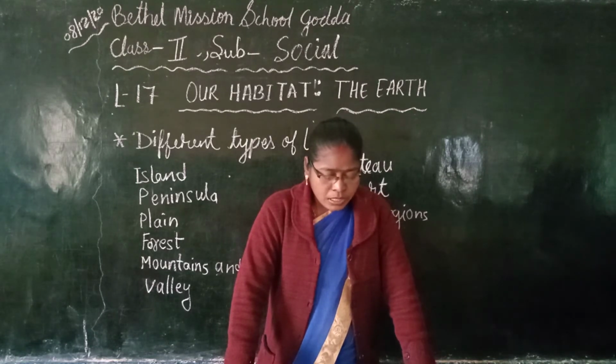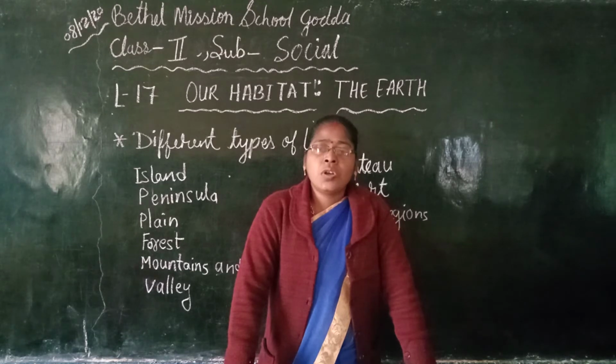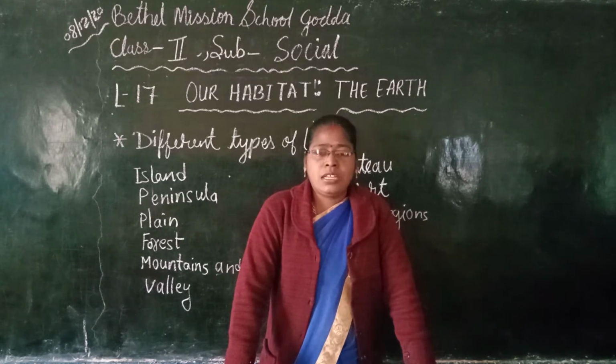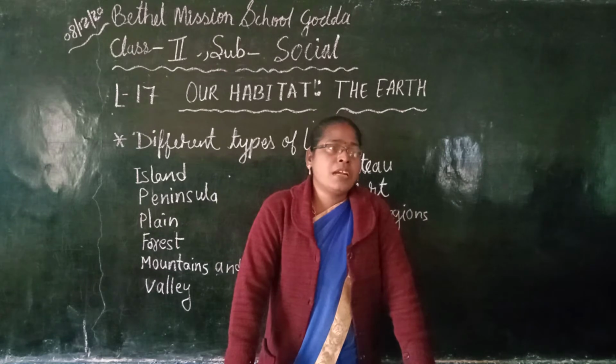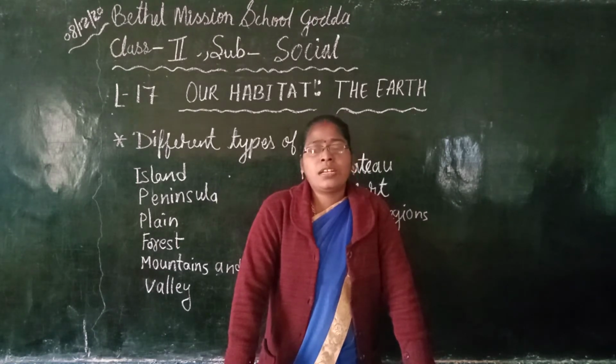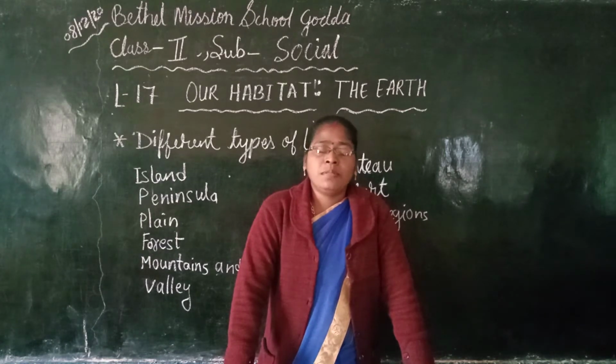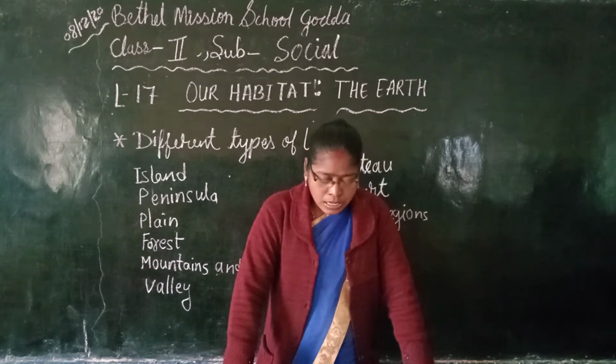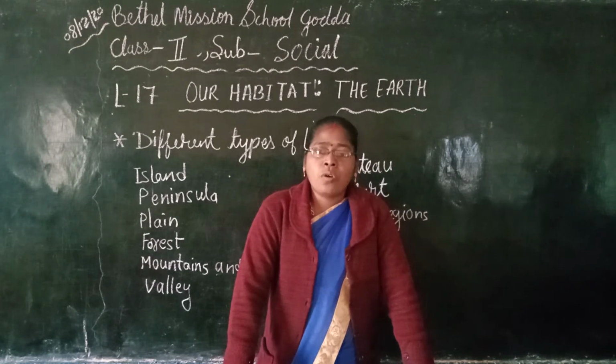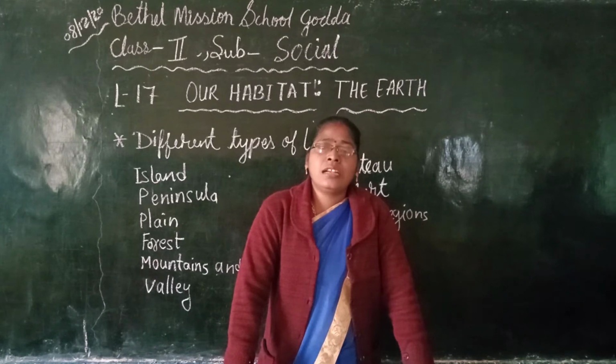The surface of the earth is not the same everywhere, and it is made up of land and water. Water covers almost 71% of the earth's surface. That is why the earth is called the watery planet, and the land covers almost 29% of the earth's surface.